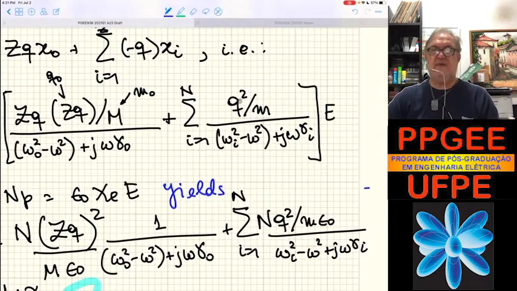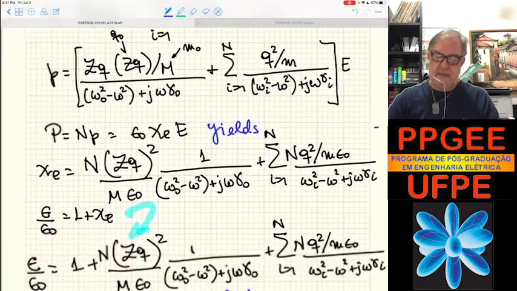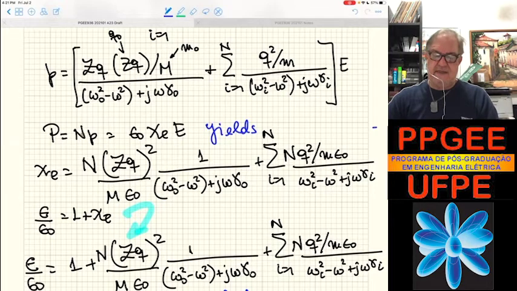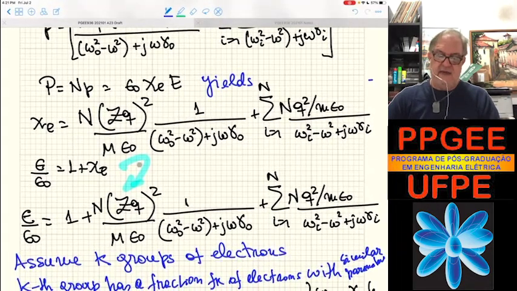It always goes with the square of the charge. It doesn't depend on the sign of the charge, right? Then you go to the polarization, it's n, the density, times the dipole moment, and you go to the susceptibility. Then you determine the susceptibility, contribution of the nucleus plus contribution of the electrons.